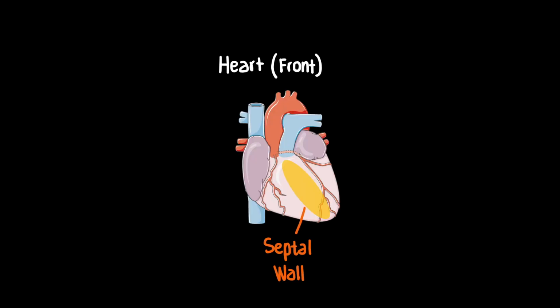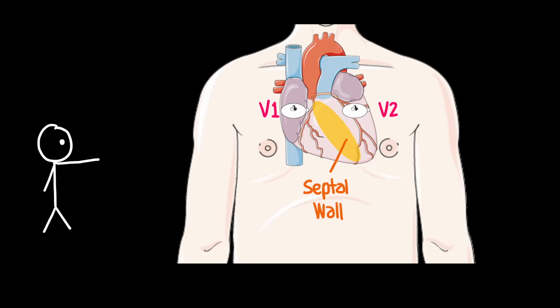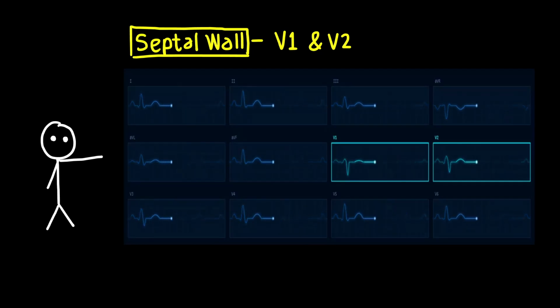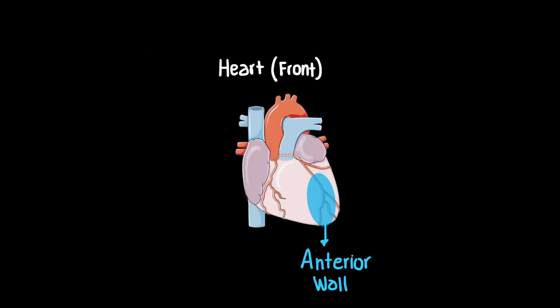Two of the most important walls are the septal and the anterior walls. The septal wall is the partition between the two ventricles, sitting closest to the right sternal border. V1 and V2 watch the septal wall. The anterior wall, on the other hand, is the front of the left ventricle, facing forward towards the chest wall.